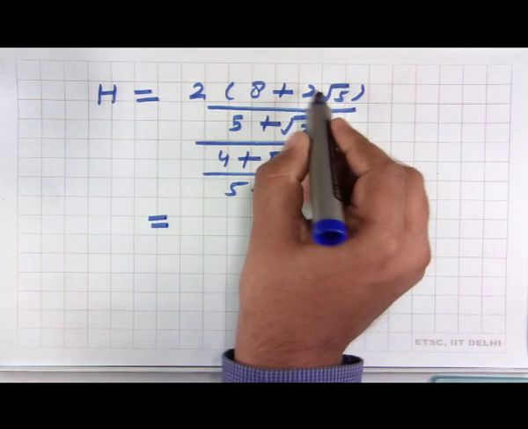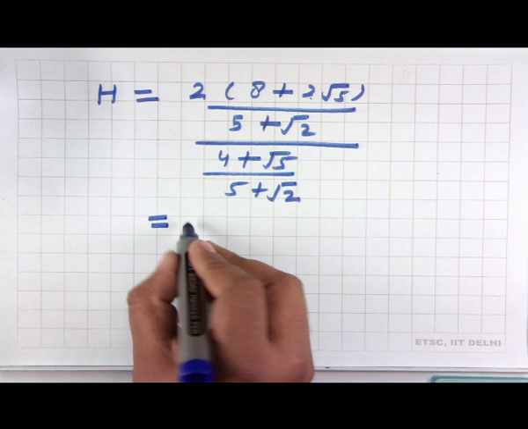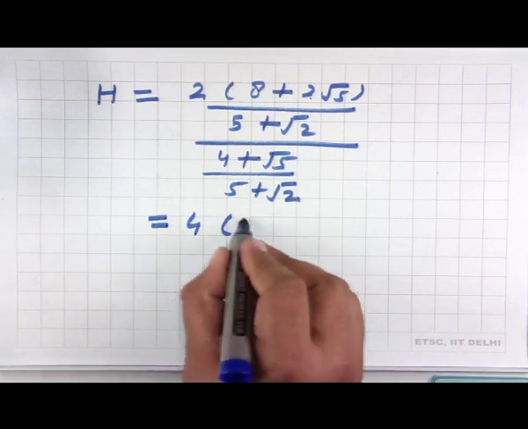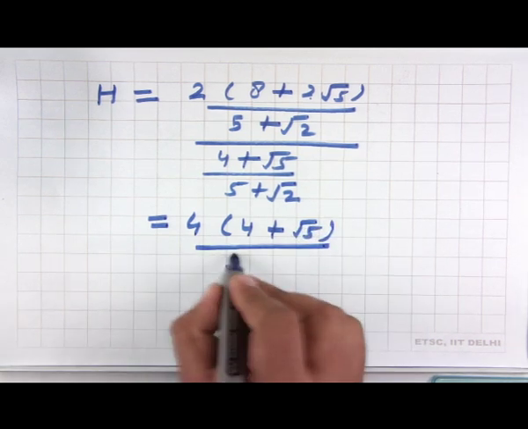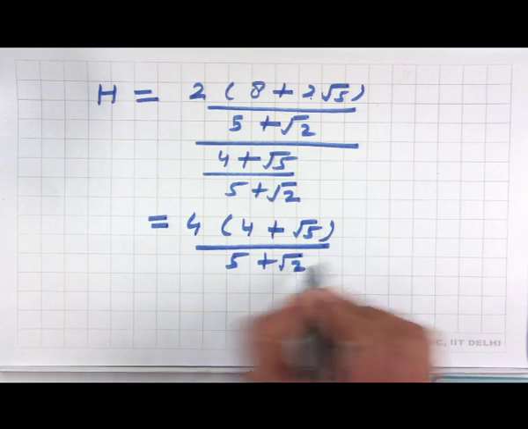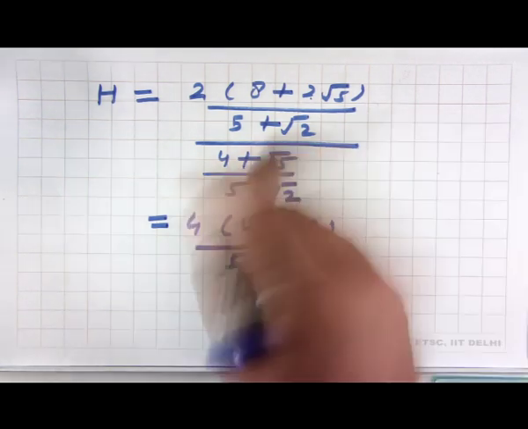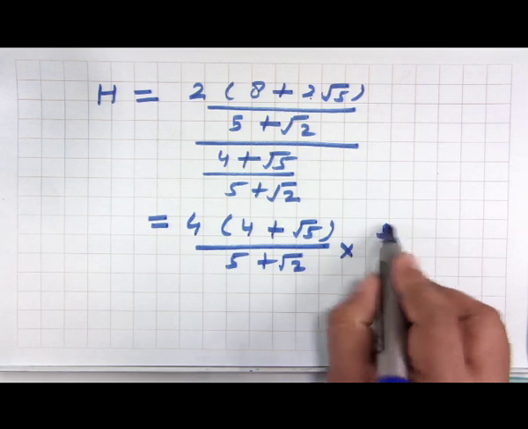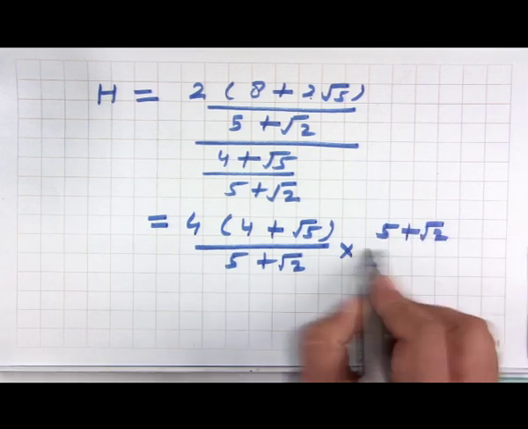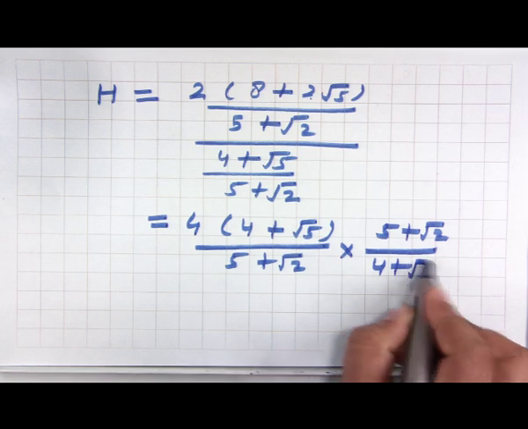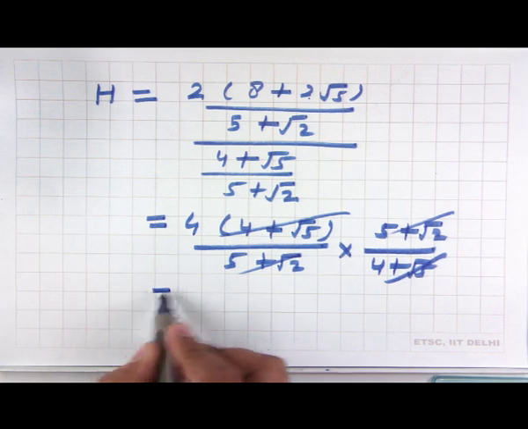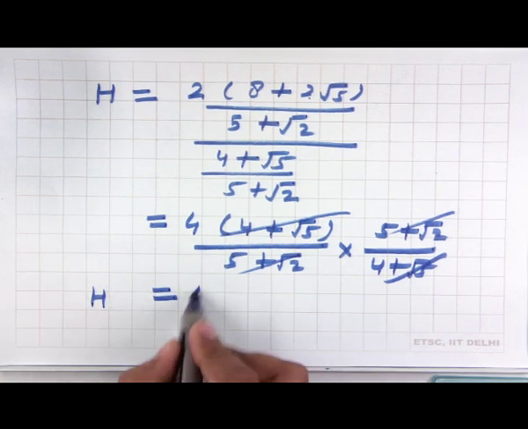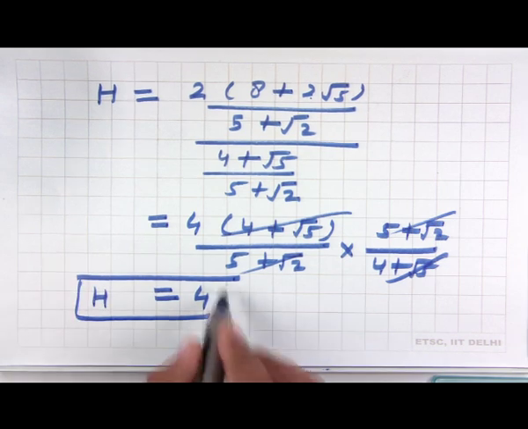Take 2 common from 8 + 2√5, giving 2 times (4 + √5). Taking the reciprocal, (5 + √2) divided by (4 + √5): this cancels with this and this cancels with this. The value of the harmonic mean is 4.